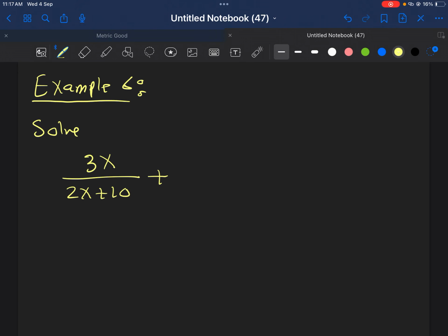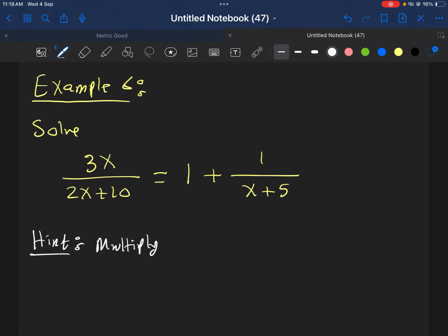The reason is there is an x in the denominator, and what we are going to do with such an equation is multiply. So a hint: multiply the denominator by everything you see in the denominator.